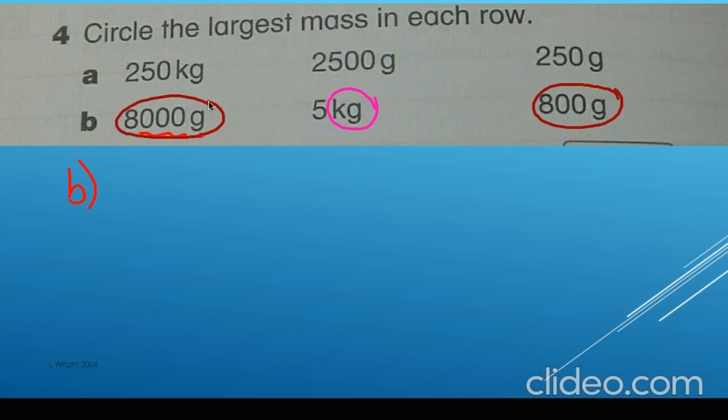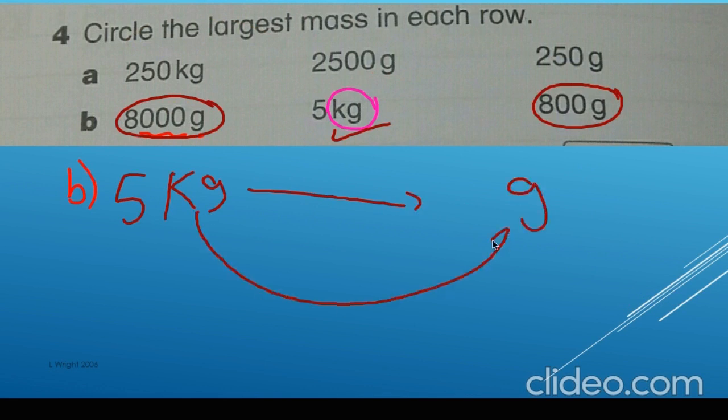You will notice that I have 2 units with gram, but only one with a kilogram. So I will take this one, different one, and start to transfer it to gram. From big unit to small unit, what we will do? Good. We will multiply with 1,000.